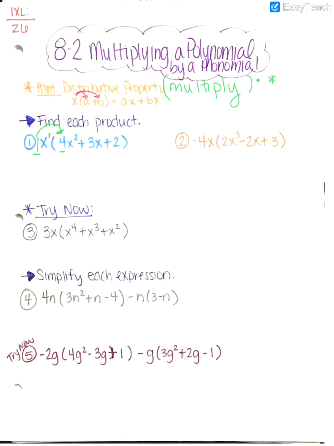So here 1 times 4 gives you 4x. And then again, we are multiplying, and they have the same base, so we're going to add the exponents here. We have 2 and 1, that gives you 3.